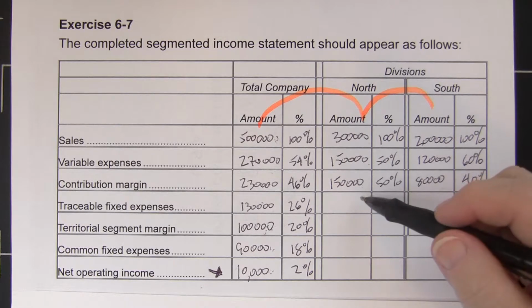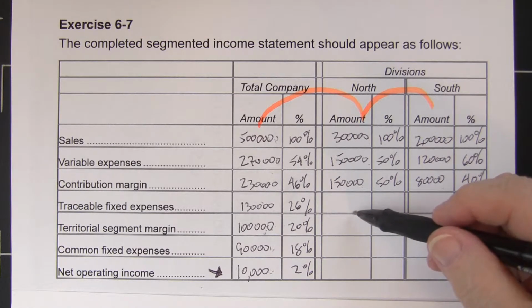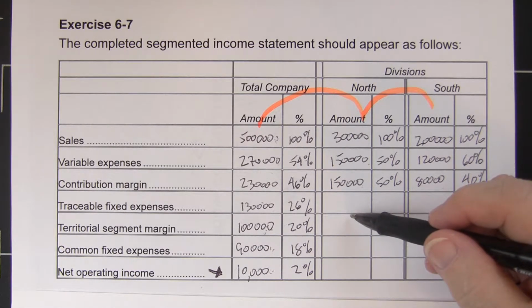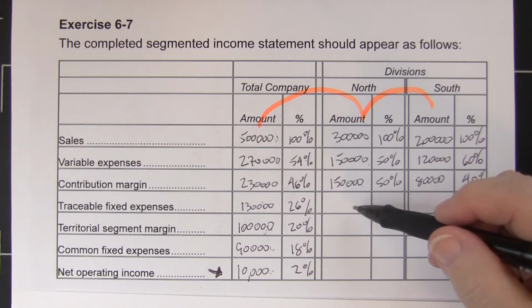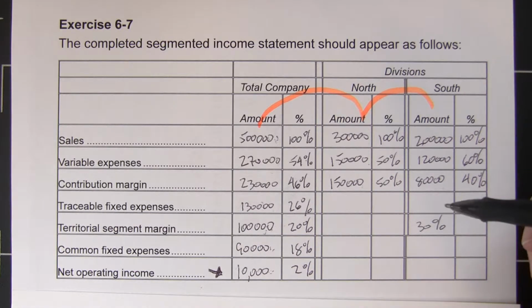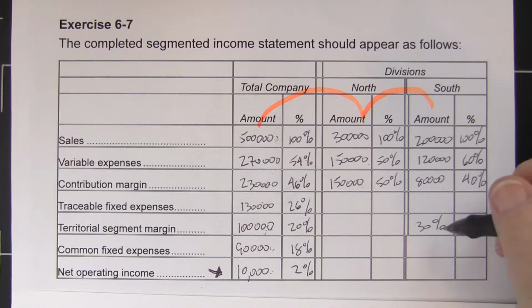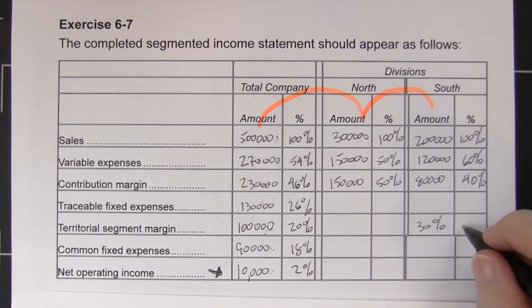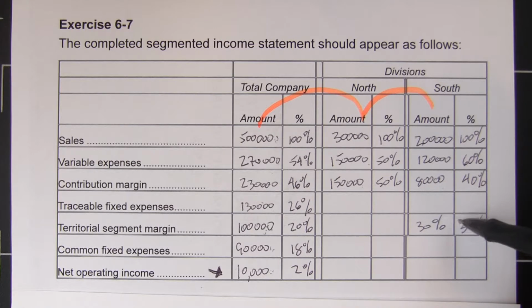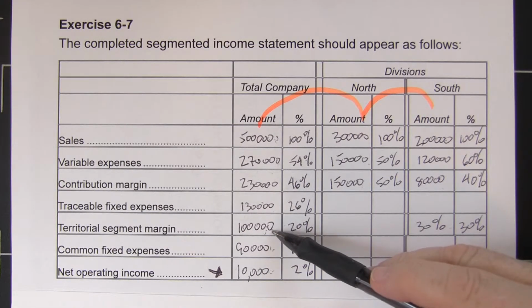So we have to figure out our traceable fixed expenses here, and we may have to do some figuring to come up with that. We're told that the Southern Division has 30% of the total of 100,000.